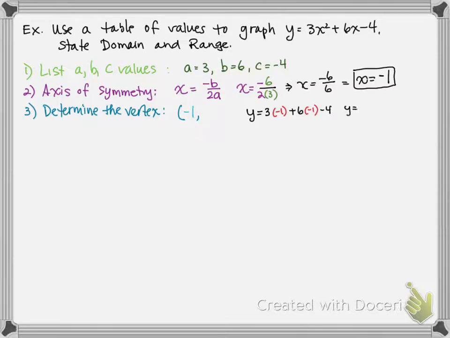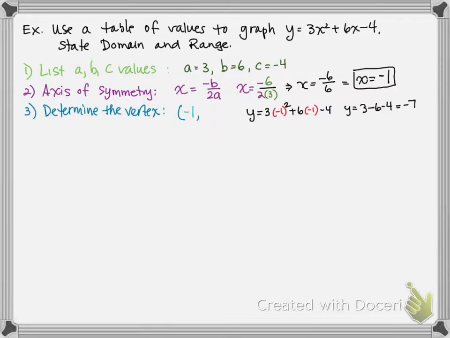So we get y equals, oh sorry, I messed up. That's first one squared. So -1 squared is a +1. +1 times 3 is 3. 6 times a -1 is -6, and then there's a -4. So we have 3 take away 6 is -3. -3 take away 4 is -7.